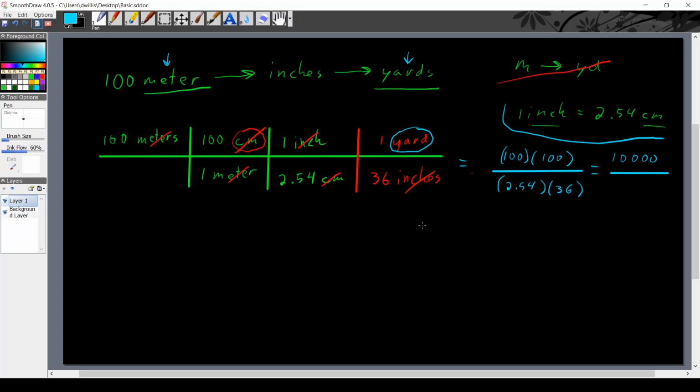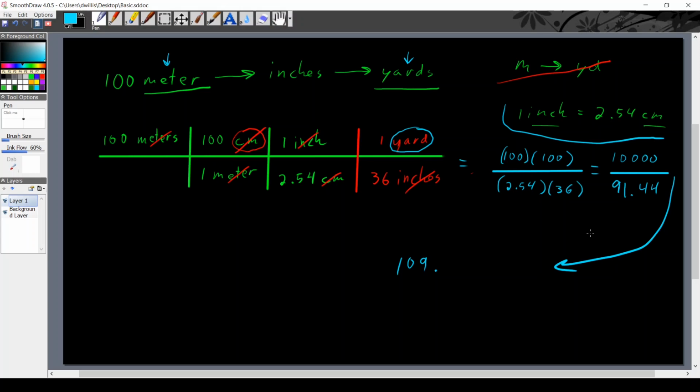All right, 2.54 times 36 is 91.44. So I'm going to take 10,000 and I'm going to divide by 91.44. All right, so 10,000 divided by 91.44. And I'm going to then be left with my final answer of 109.361.